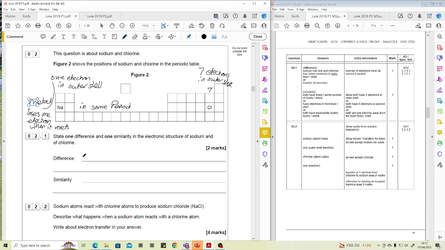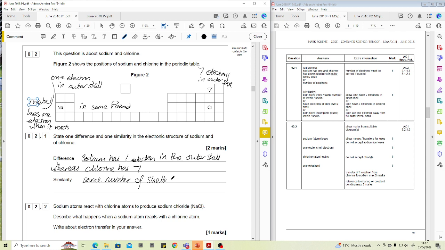So our difference is sodium has 1 electron in the outer shell, whereas chlorine has 7. And a similarity, they have the same number of shells, because they're in the same period.